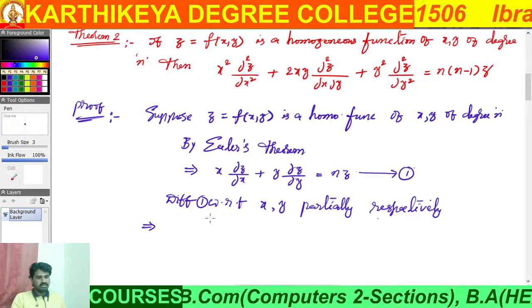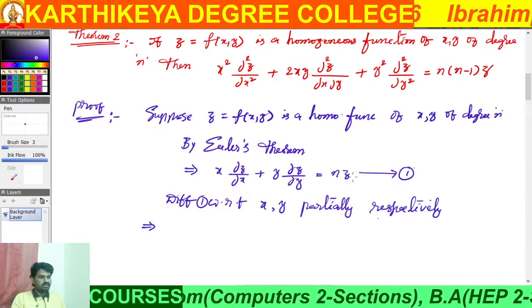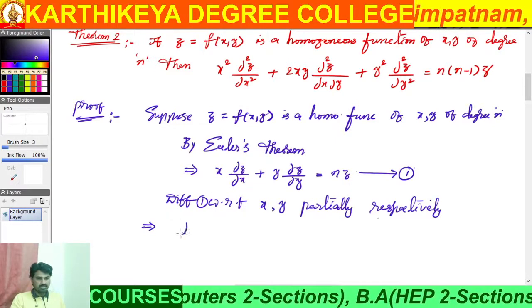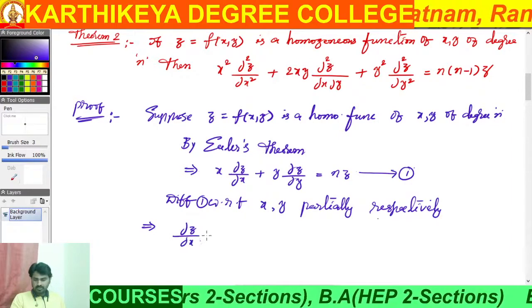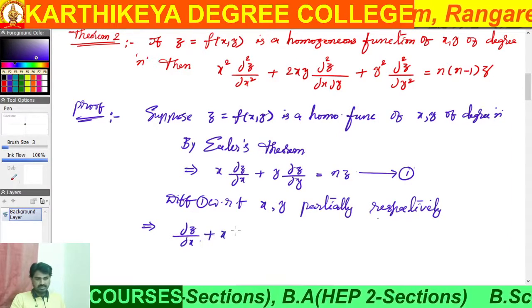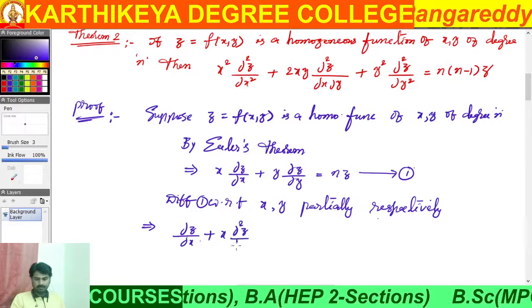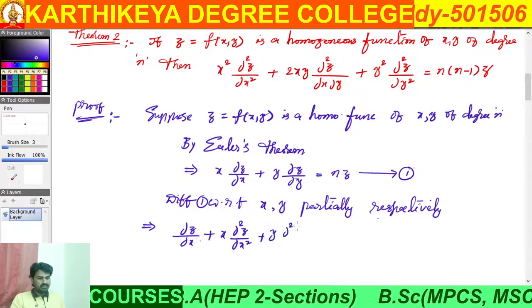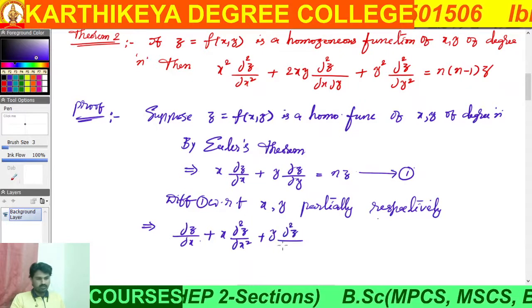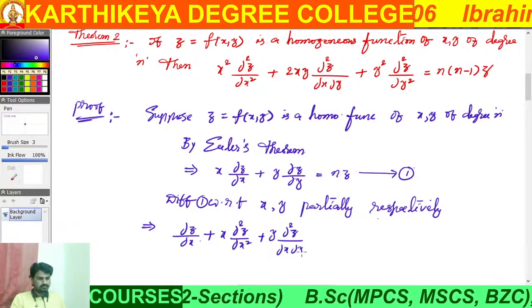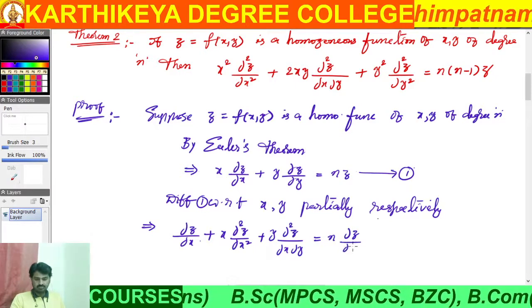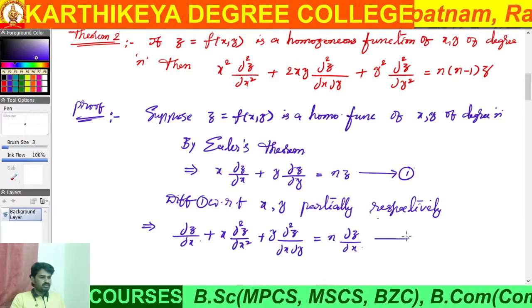Okay students. Now whenever you differentiate 1 with respect to x, you will get this answer: dou z by dou x plus x into dou square z by dou x square plus y into dou square z by dou x dou y is equal to n into dou z by dou x. So this is equation number 2.